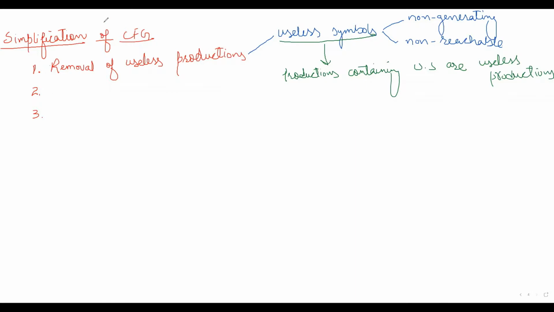The second step was removal of epsilon productions. Okay, and for removing of epsilon productions, all productions of this type are epsilon productions. So how we were doing it? We were first finding nullable non-terminals.